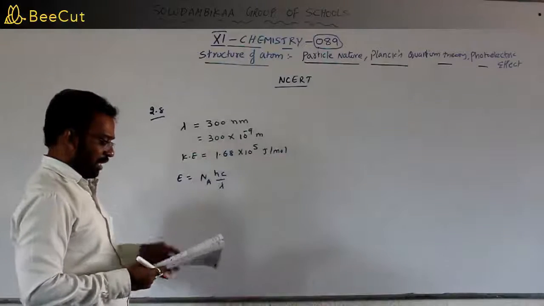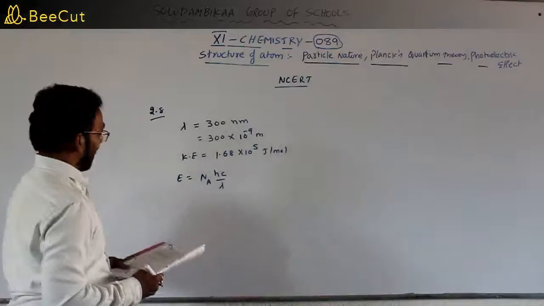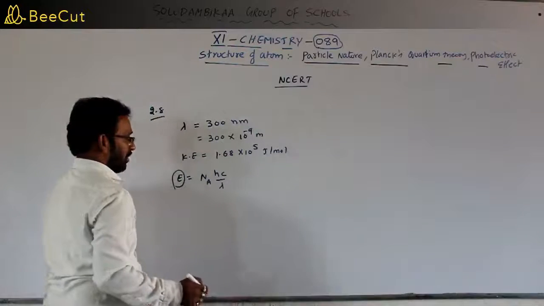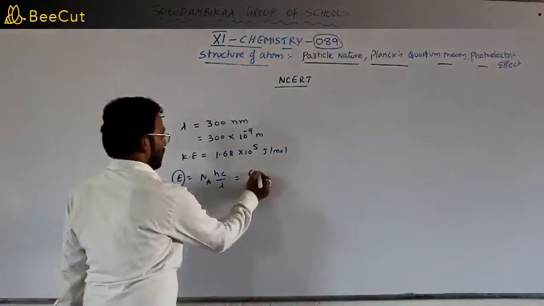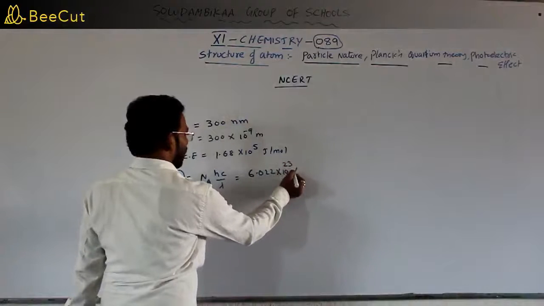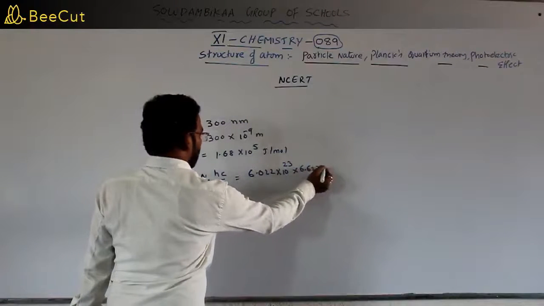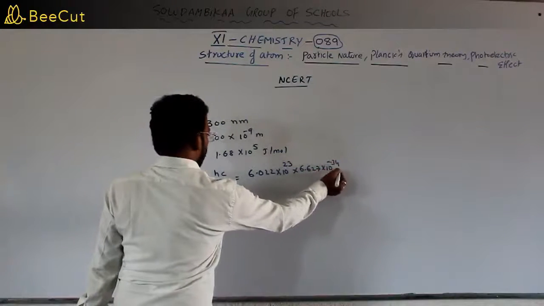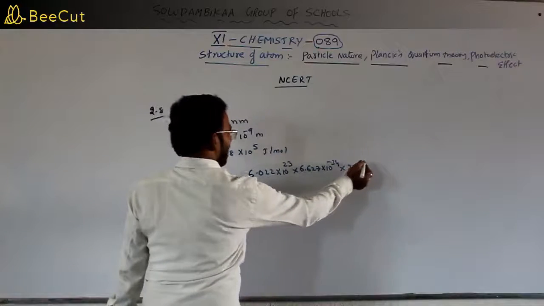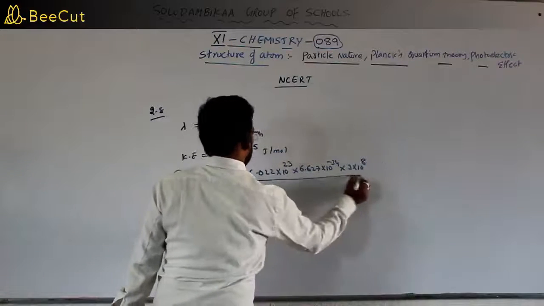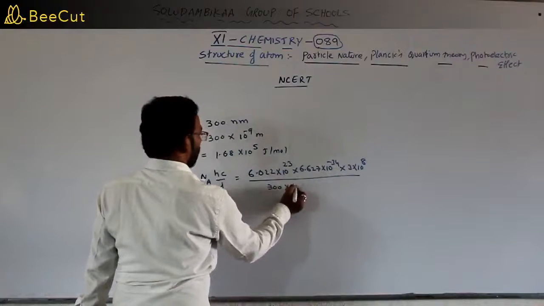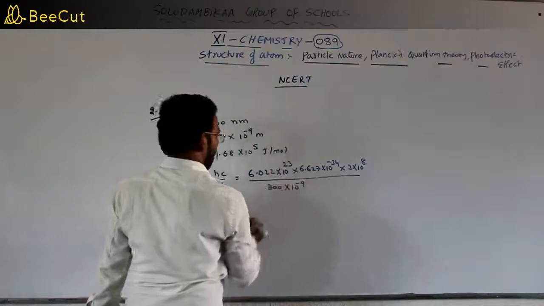This is the energy of the photon. Now calculate the value: 6.022 into 10 to the power of 23 into 6.627 into 10 power minus 34 into 3 into 10 power 8 meters per second, divided by lambda. What is the lambda value? 300 into 10 power minus 9.